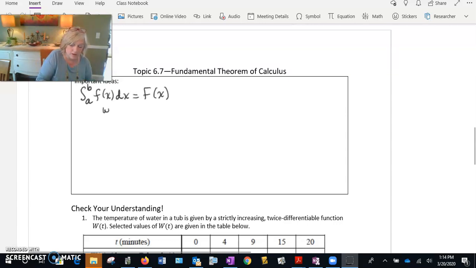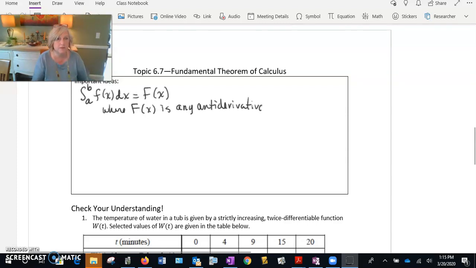So capital F of x is any antiderivative. And for our simplistic process, we do typically use c equal to 0, simply because c equal to 0 is the easiest one that's out there.